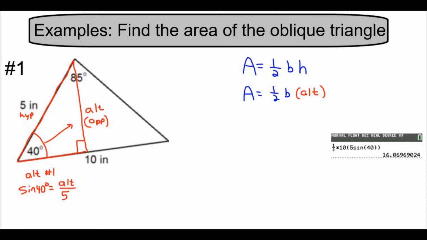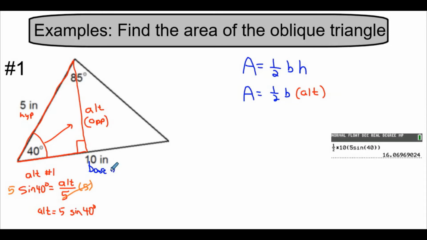To solve for this first altitude, we're going to multiply both sides by 5 using our basic algebra skills, giving us our first altitude. So my altitude would be 5 sine of 40 degrees. And what that means is this altitude is locked into this base, which we will call base number 1.